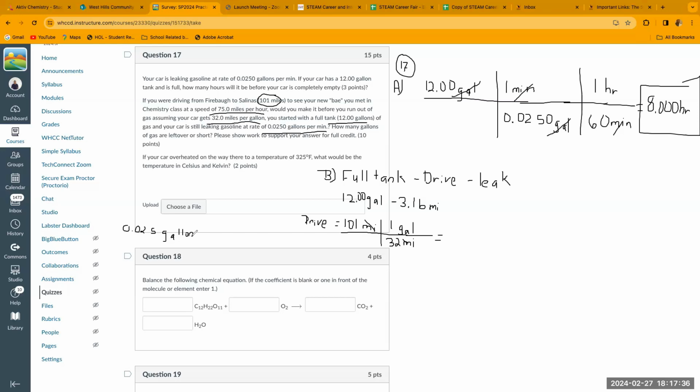So how long does it take to get from Fireball to Salinas? How would we go about figuring that out? What are we going to start off with? So I'm going to write my leak down here.